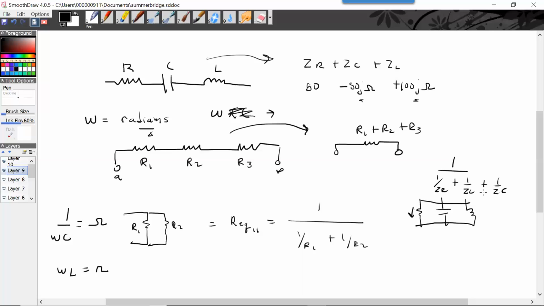But a lot of times we just leave s as s, and we look at how the relationship with frequency between these elements interacts, rather than finding some specific value.